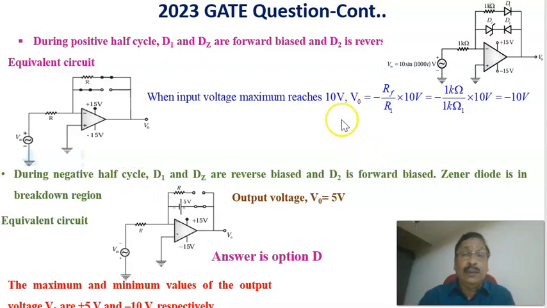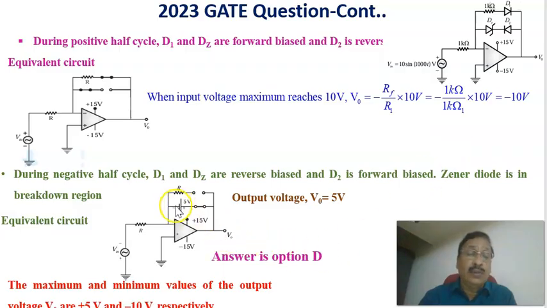of the input, that is actually from pi to 2 pi radians, we can see that D1 is reverse biased, and similarly here, diode D2 is forward biased. But if the voltage crosses the maximum zener voltage, then the voltage across this will become the zener breakdown voltage.